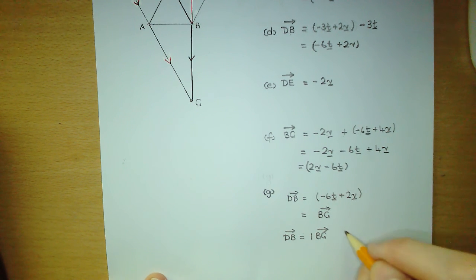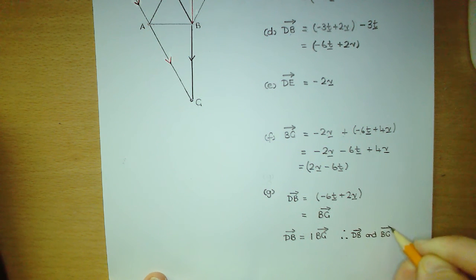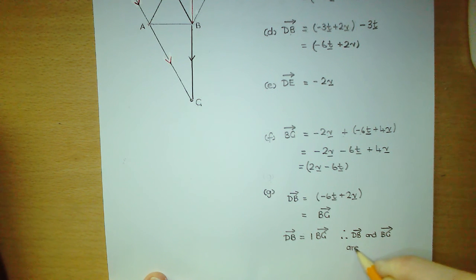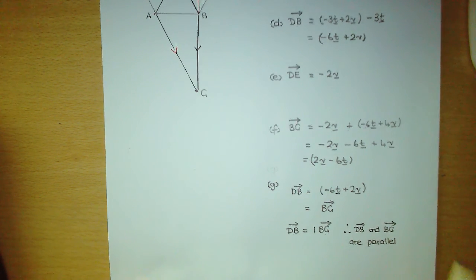So therefore, DB and BG are parallel. B is the same point in each vector, so therefore the points D, B and G have to be collinear.